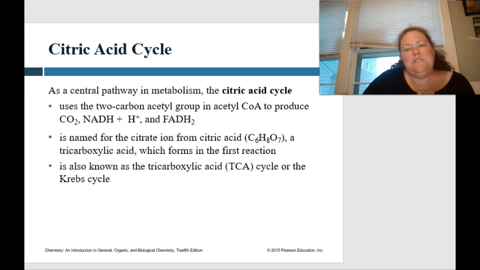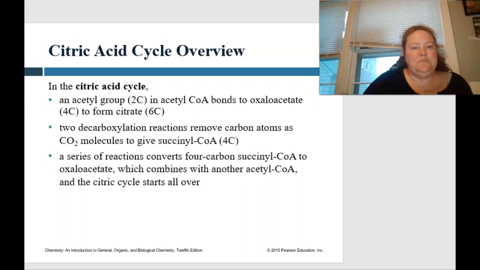It's named for the citrate ion from citric acid, C6H8O7, which is a tricarboxylic acid, and this forms in the first reaction. This is also known as the TCA cycle, tricarboxylic acid cycle, or the Krebs cycle. So there are 3 names, and they're all the same thing: citric acid cycle, the TCA cycle, or the Krebs cycle, and they all refer to this reaction.